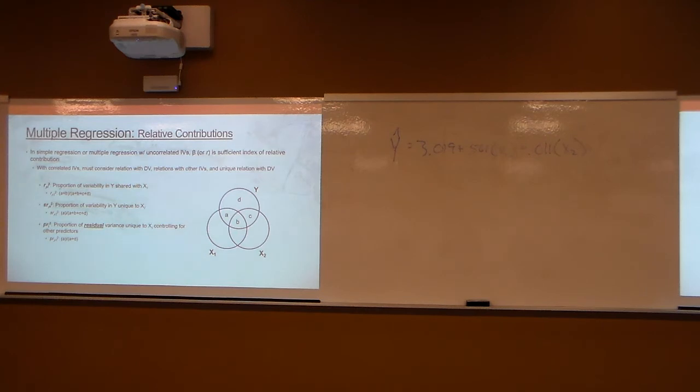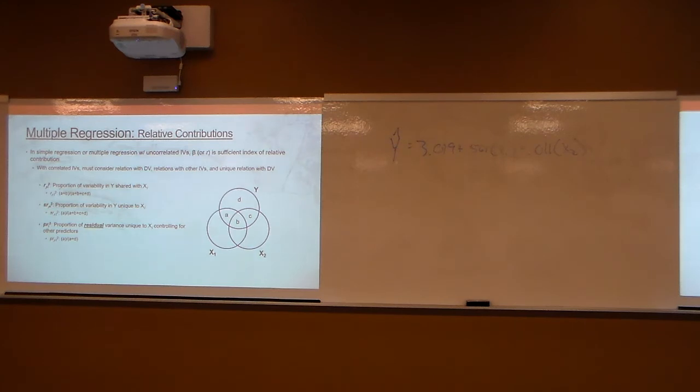And so if I square my partial correlation, it is going to be region A over region A plus D. Someone explain this to me. Yeah. So you have the variability uniquely shared with x and your outcome y, and then the other variability that's unique only to y.